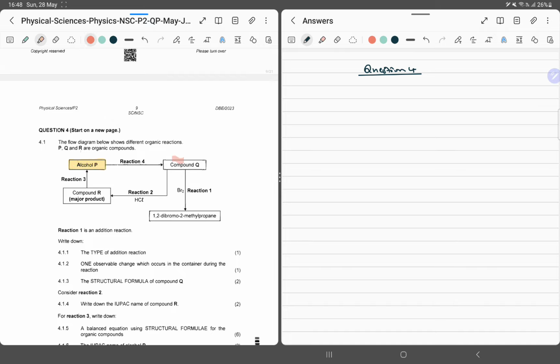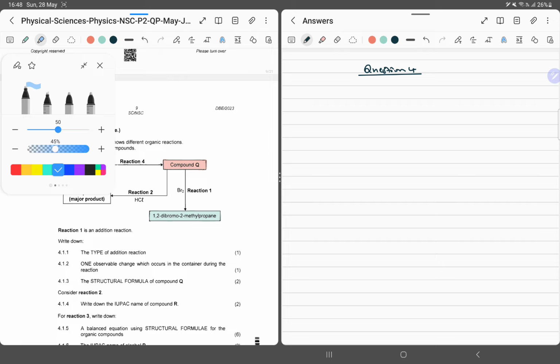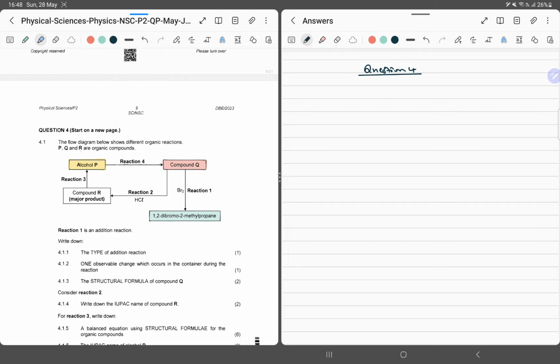And then we've got compound Q here, which seems to be the center of all problems. And then we've got this lovely one here, which gives us an identity of all, because it is the clue to most of the things that we want. And then we've got this one, which is a major product, which already tells us we're going to apply some rule to know what that is. Okay, let's work it out quickly.